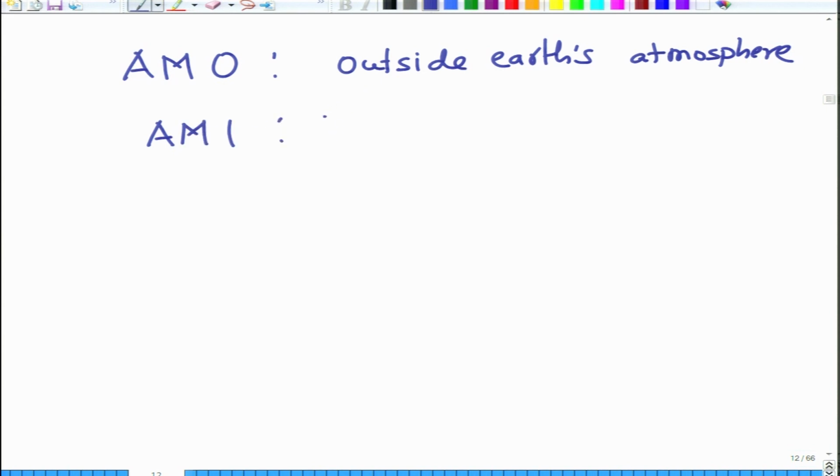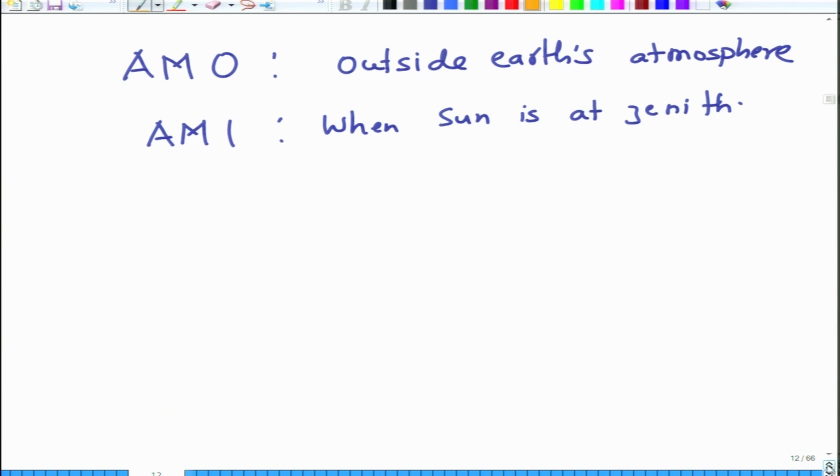AM1 would mean when the sun is at zenith. So if you look at AM1, what would it mean? That S by H is equal to 0, right? And the shadow length will be equal to 0 when the sun is directly at the zenith.